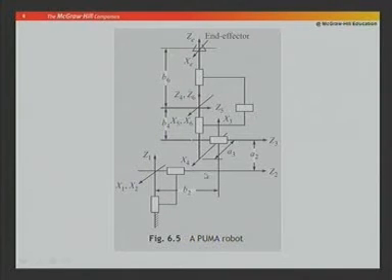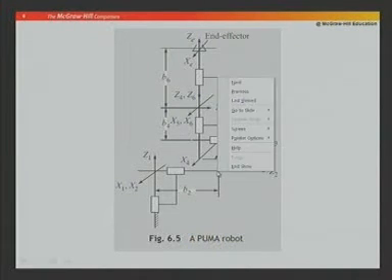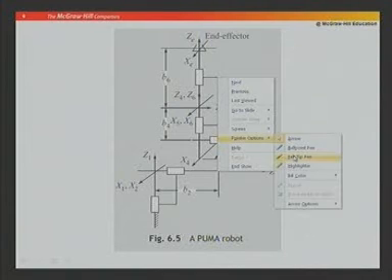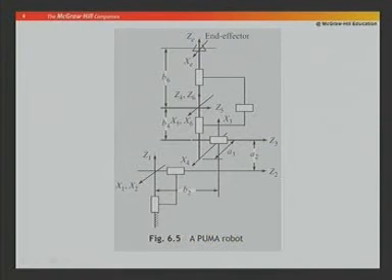So, about z 2 they are making a negative of pi by 2. This is parallel to x 2, and from x 2 we are going to x 3, which is negative of this. So, minus pi by 2. Those in the square brackets, I am putting the values corresponding to this diagram.